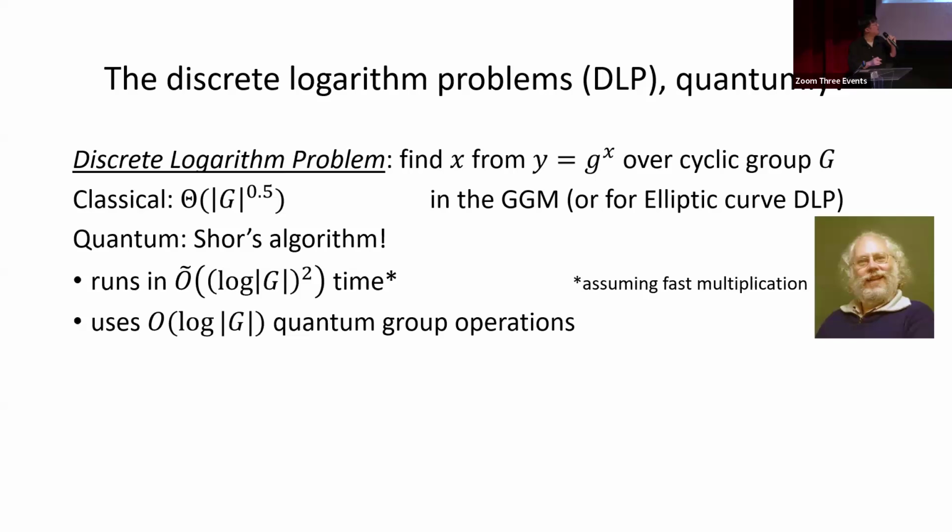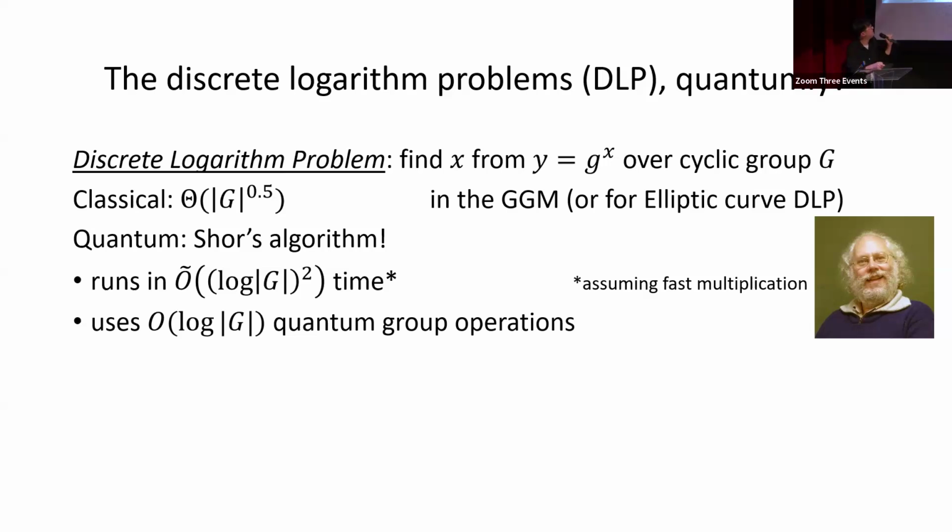In the quantum setting, Peter Shor comes in and breaks our hopes. He gave a quantum polynomial time algorithm for the discrete logarithm problem, with complexity the square of the logarithm of the group size. And if we count the number of group operations, it's just logarithmic in G.